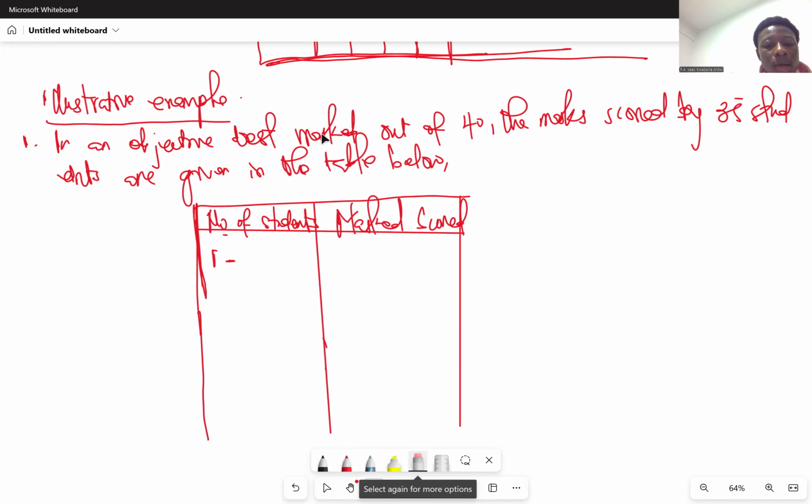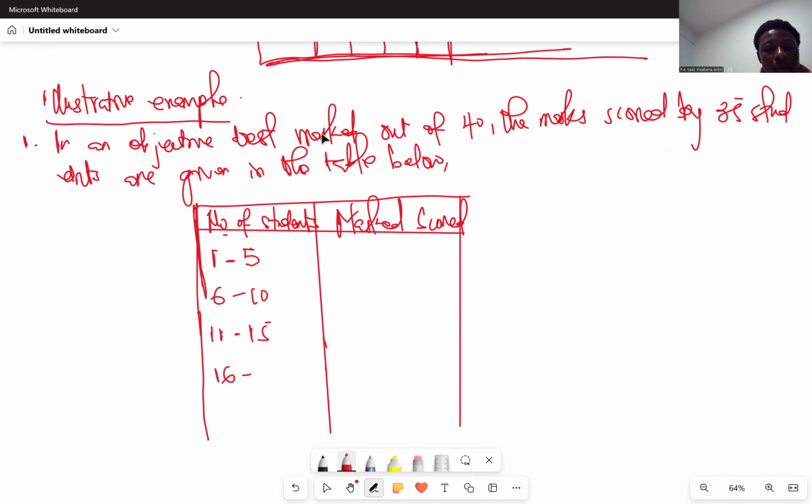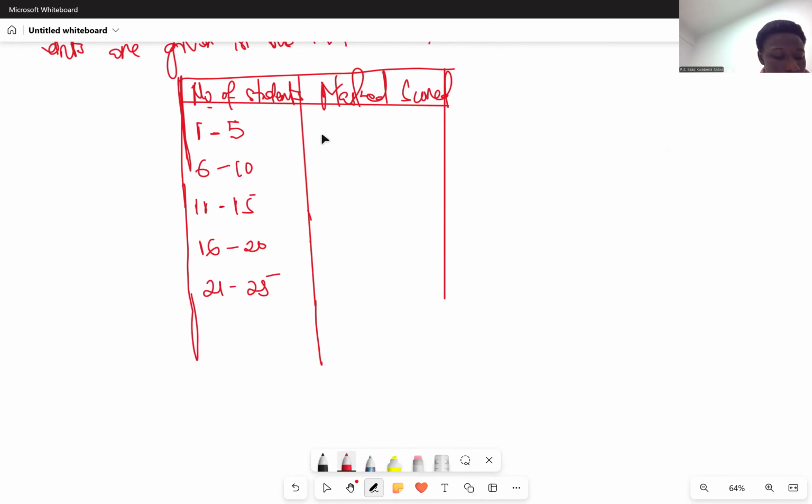So number of students, we have 1 to 5, 6 to 10, 11 to 15, 16 to 20, 21 to 25, 26 to 30, 31 to 35, 36 to 40.